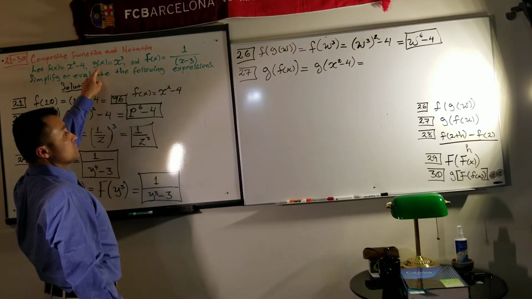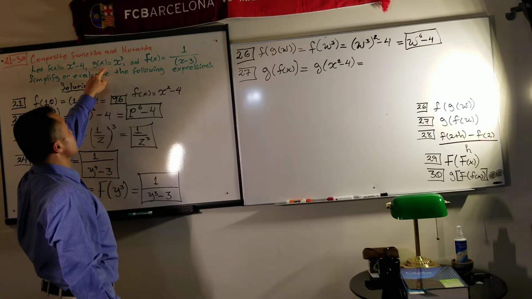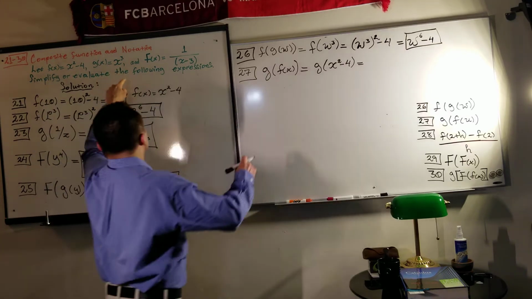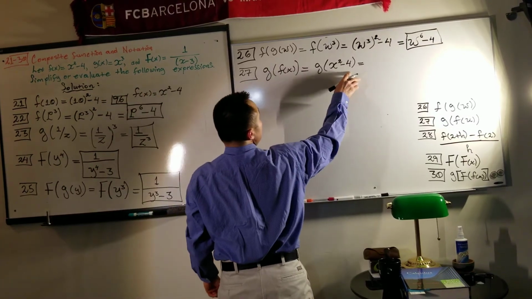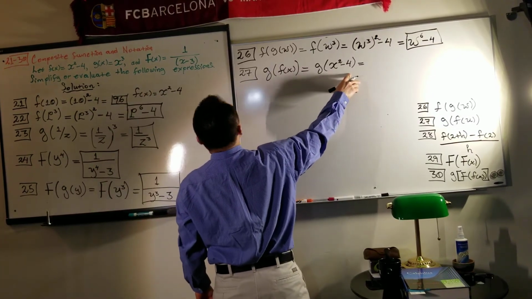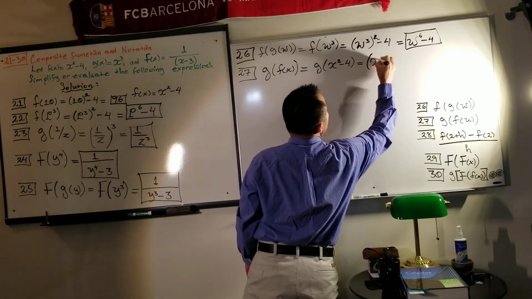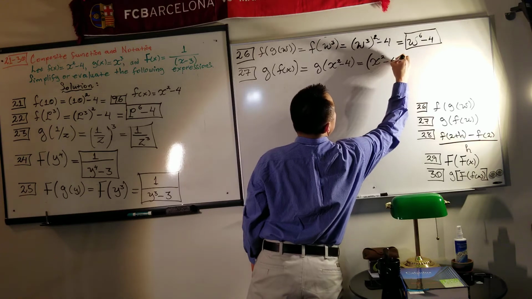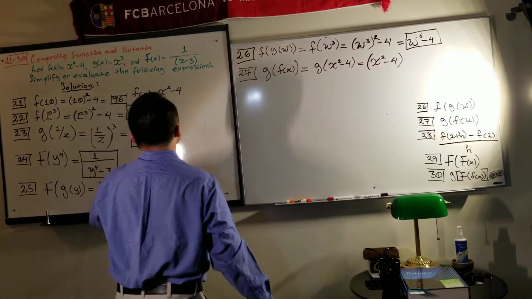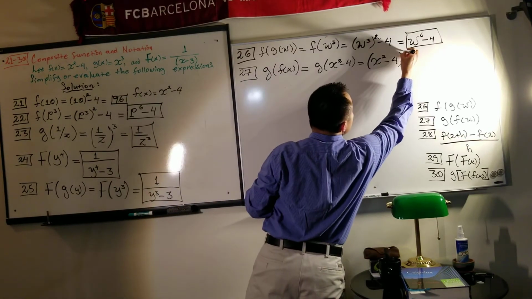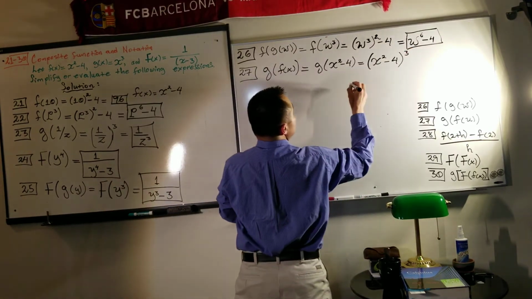Gotta identify function g of x. G of x is equal to x to the third. So g of x squared minus 4 is gonna be equal to x squared minus 4 to the third power, right?